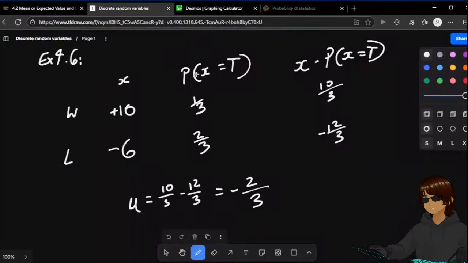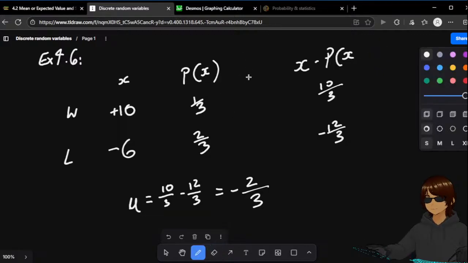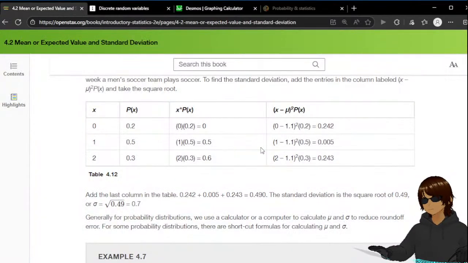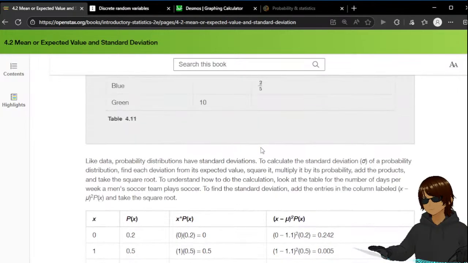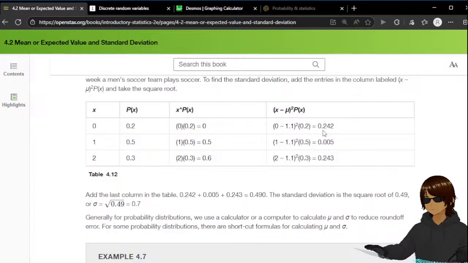X is the actual value, right? So probability of 10. It's a probability of a win. I shouldn't write this. So we have this, and then we use this to calculate mu, and then x minus mu squared times px will give us this.